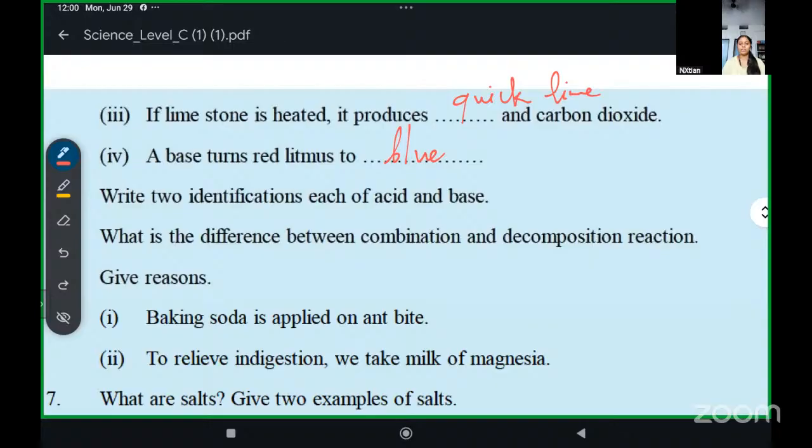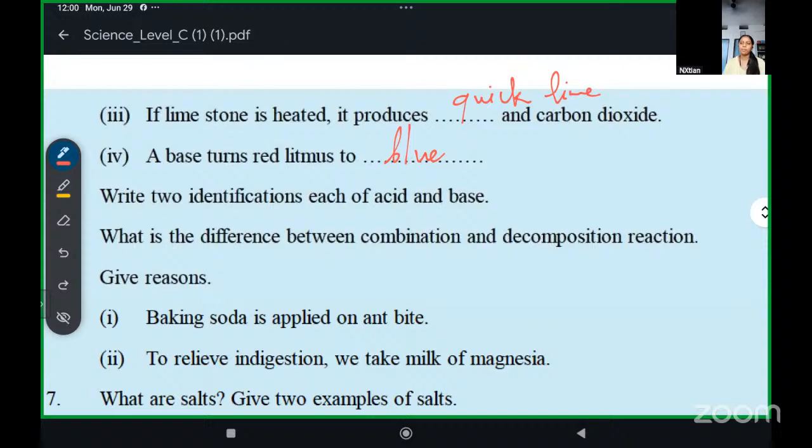Now, one property of base, Abhija. Bases are bitter in taste. Yes, good. Bases are bitter in taste. Hannah, one other property of bases. Ma'am, bases turn red litmus to blue.